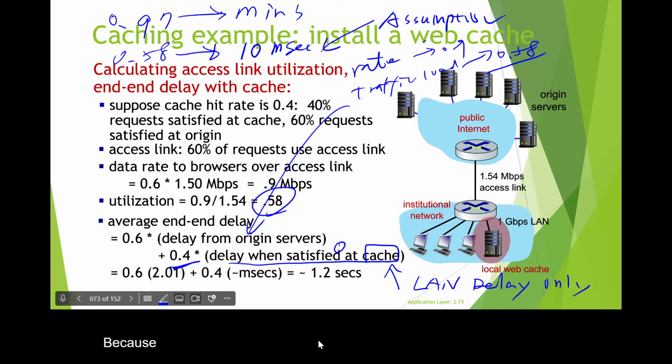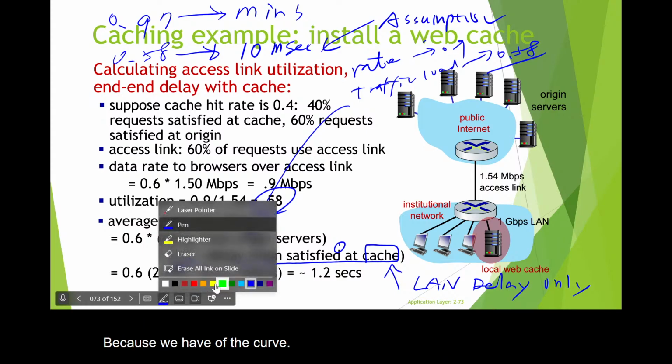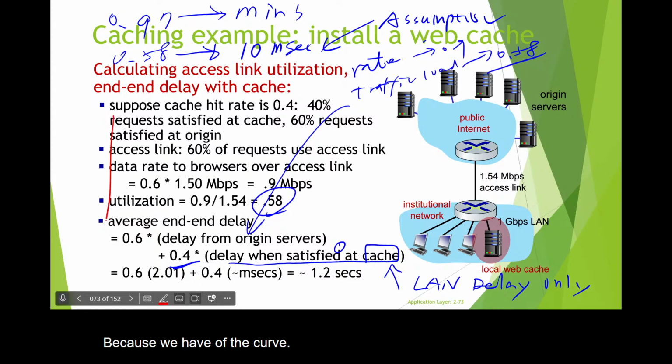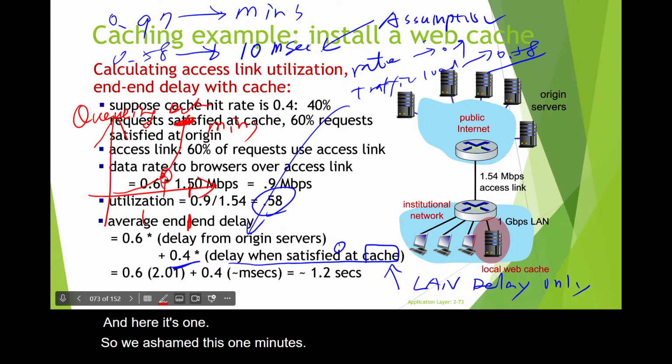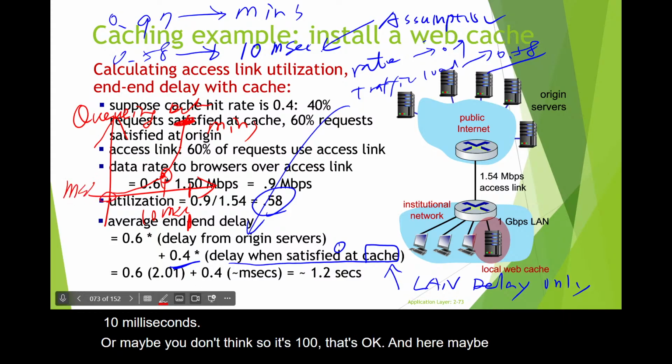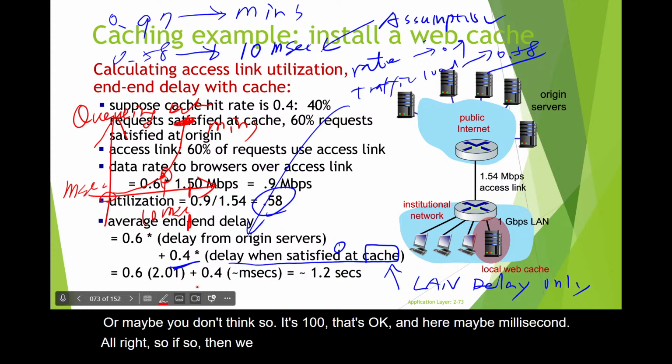Because we have the curve of queuing delay. And here it's 1. So we assume this one minutes, and this one 10 milliseconds. Or maybe you don't think so, it's 100, that's okay. And here, maybe milliseconds. All right, so if so, then we have the results.